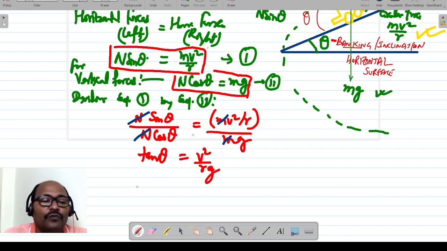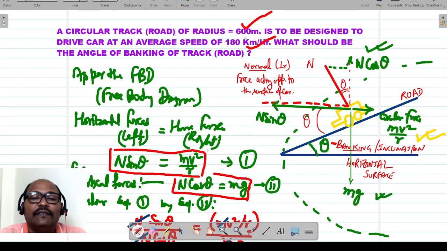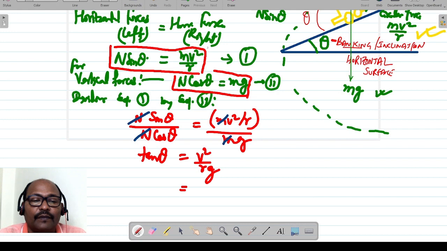Here the v is known. The v is equal to 180 kilometer per hour. This is velocity, and the radius is 600 meters. So all parts are given. First we'll convert 180 kilometer per hour into meter per second.